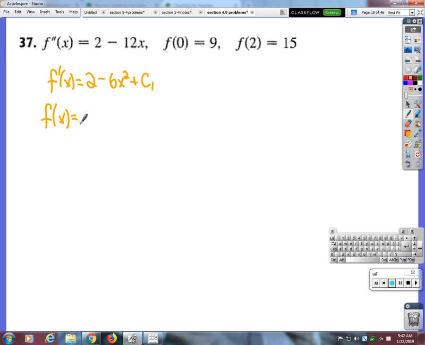Oh, I forgot the x there, sorry. Minus 2x to the third, okay. Plus c1x plus c2. Because the antiderivative of whatever this number is, whether it's a 5 or a 7 or a pi or a 12 or whatever, it's just going to be put an x on there. Okay?